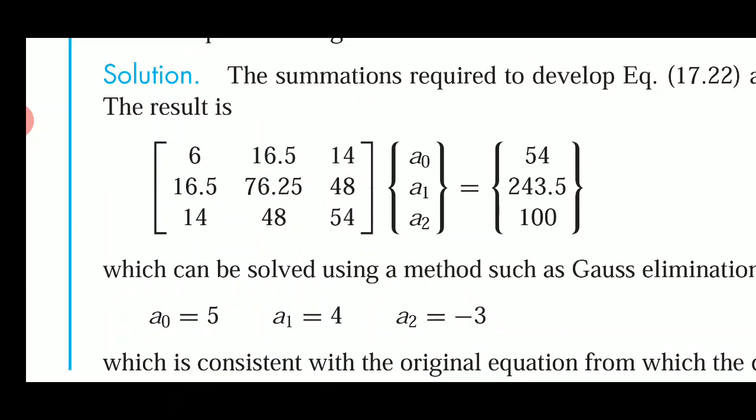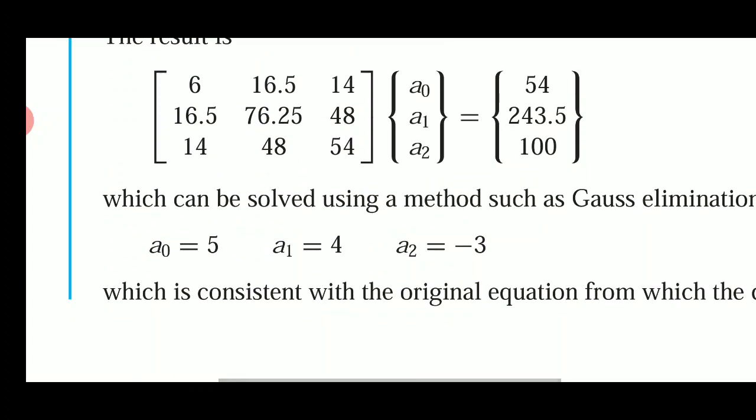So a0, a1, a2 will be, if you take this matrix to the right hand side, its inverse into 54, 243.5 into 100. You can use the Gauss elimination method or any other method, and you will get the values of a0, a1 and a2. That means my y is equal to 5 plus 4x1 minus 3x2, right?